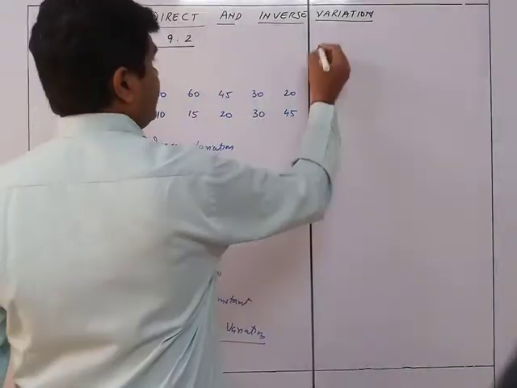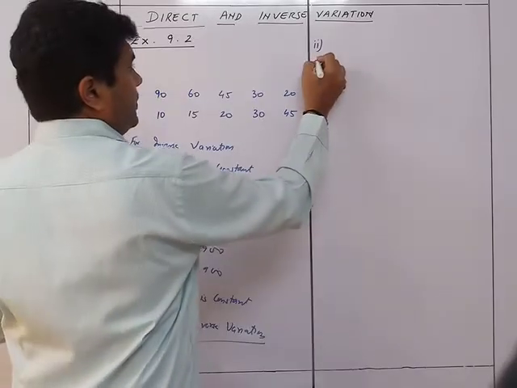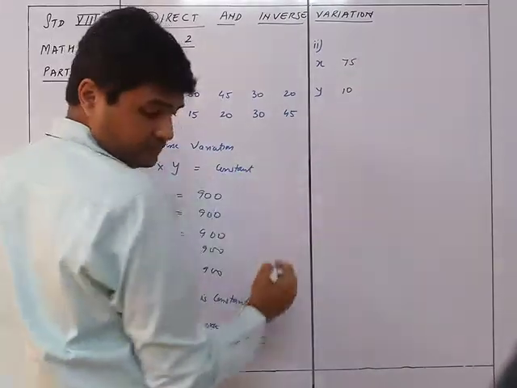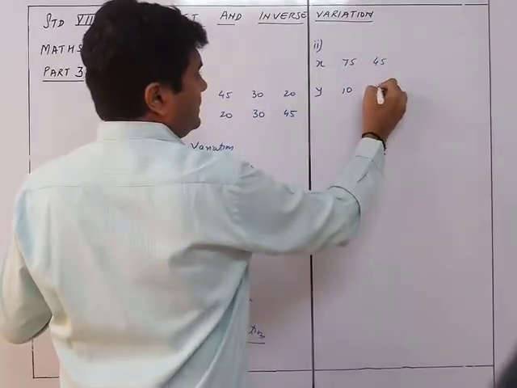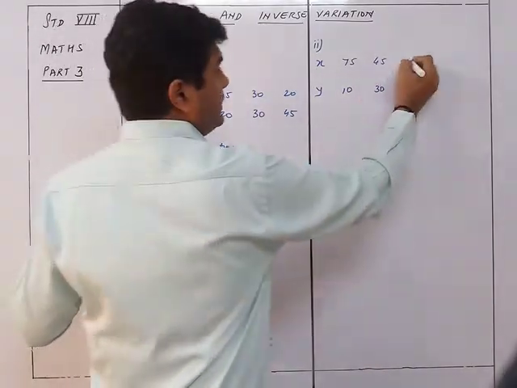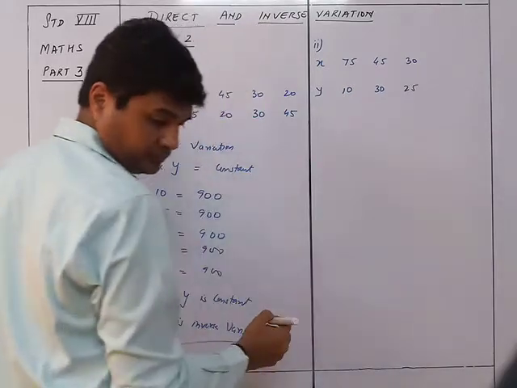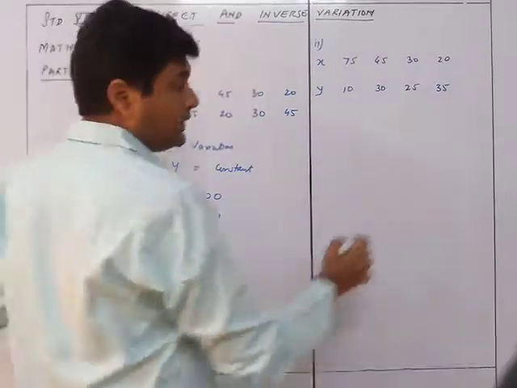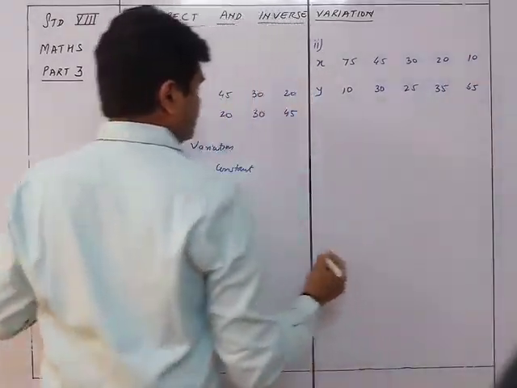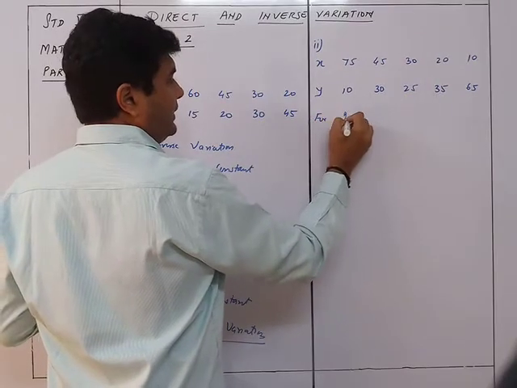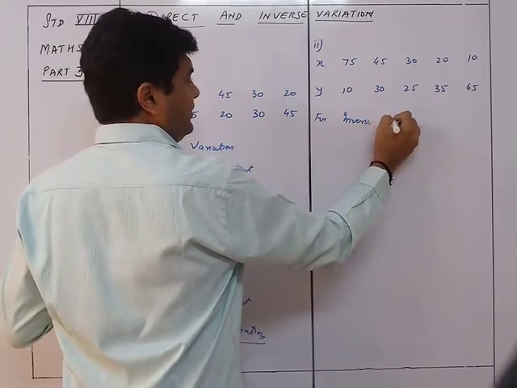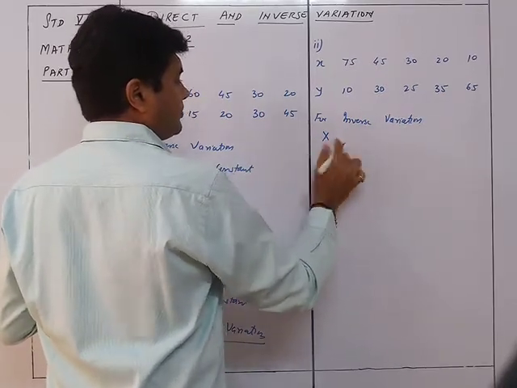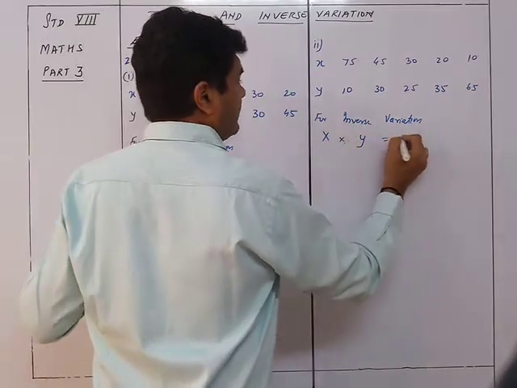We see the next thing, that is the second. You have got here x, y: 75 and 10, 45 and 30, 30 and 25, 20 and 35, 10 and 65. So we know that for inverse variation, x into y is equal to constant.